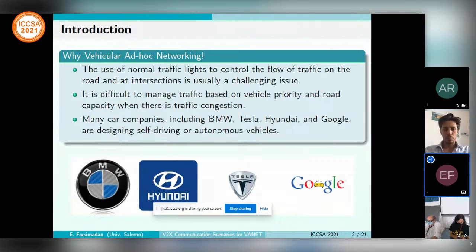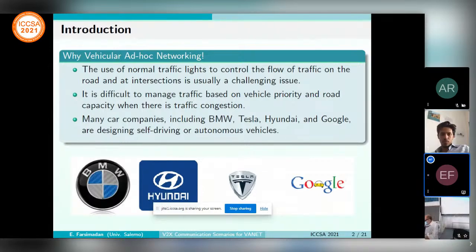It is difficult to manage traffic based on vehicle priority and road capacity when there is traffic congestion and there are many cars and vehicles on the roads. And also, many car companies, including BMW, Tesla, Hyundai, and Google, are designing self-driving and autonomous vehicles. These are some motivations for having vehicular ad hoc networking.